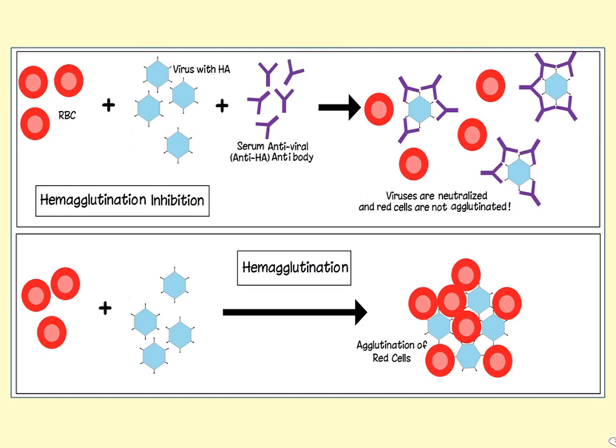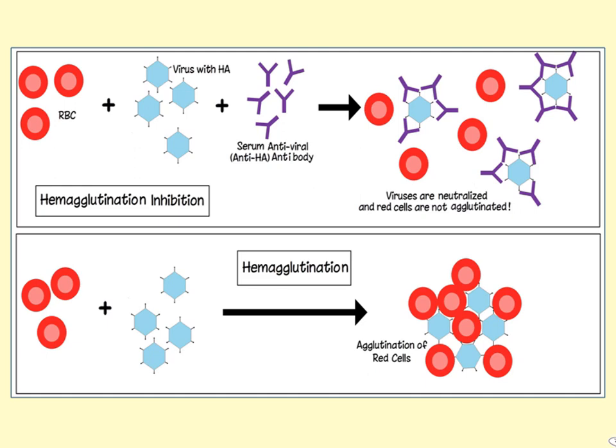Now these antibodies, the Fab regions of the antibodies, attach to the antigen of the virus, the hemagglutinin antigen, so they coat the virus and will not allow the virus to attach. They neutralize, if you wish, and will not allow the viral particles to attach to the red blood cells.